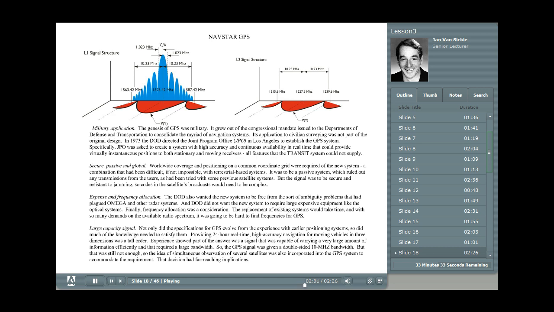Obviously, too, they wanted to prevent either intentional or unintentional interference. And the signal had to have a large capacity. As we've already discussed, a great deal of information has to come down on this GPS signal, since it is a passive system, to the receiver to allow positioning to be successful.